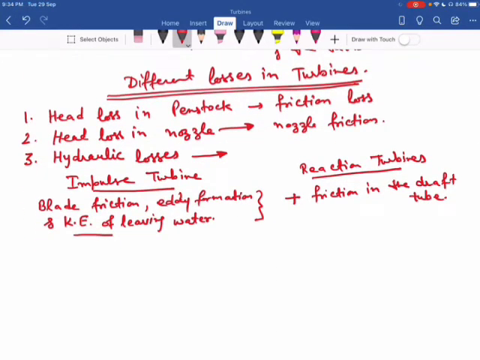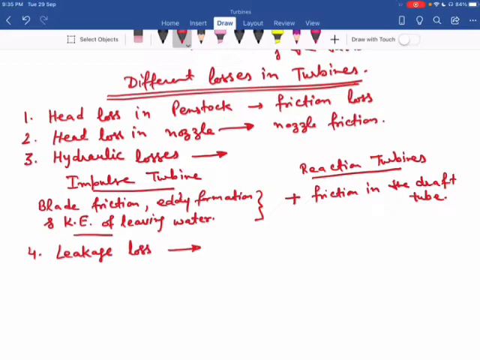Then another loss is the leakage loss. Okay. So you can say in case of impulse turbines, whole of the water may not be striking the buckets. On the runner, in case of impulse turbine, we have the blades, or we can call them buckets. So whatever water is coming out from the nozzle, the whole amount does not strike on the buckets.